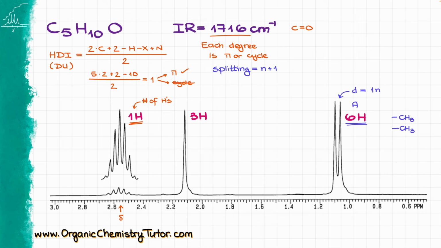Now, the next important thing that I need to pay attention to is that these 2 CH3 groups are absolutely identical, and because we have a doublet, that means that those CH3 groups are connected to something with only one hydrogen, which means that the most likely group that I have here is two CH3s connected to a CH, because then each CH3 is going to see one hydrogen as a neighbor.